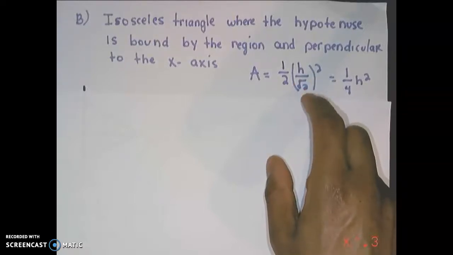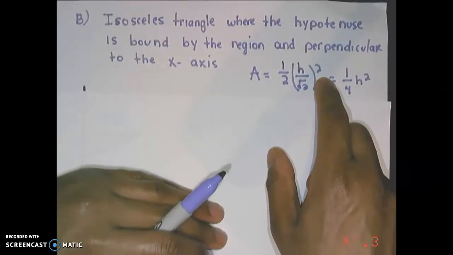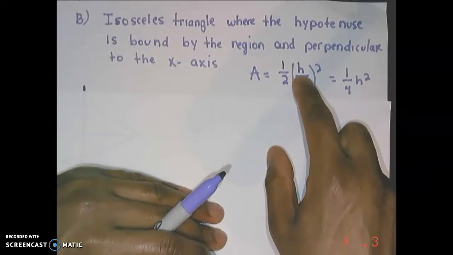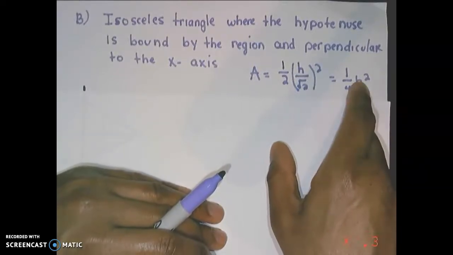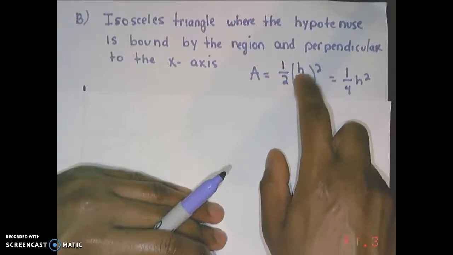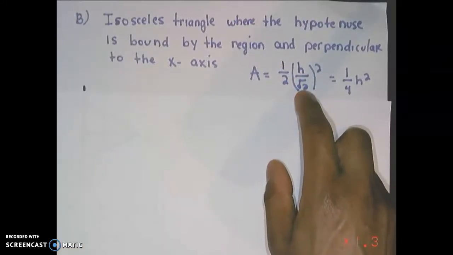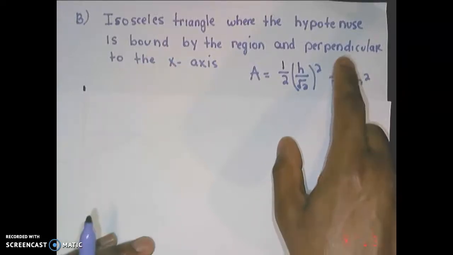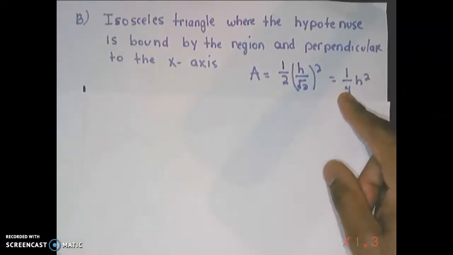You have to divide by the square root of 2. But once you square the square root of 2, that just becomes 2, and h squared is just h squared. So I have 1/2 times h squared over 2. And so 2 times 2 is just going to be 4. So that's why I get that 1/4 h squared.